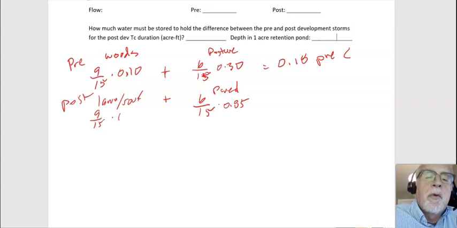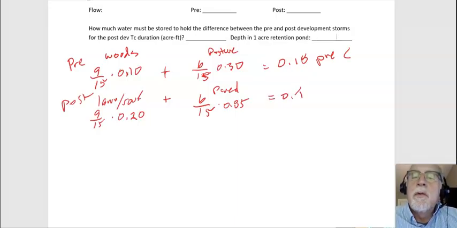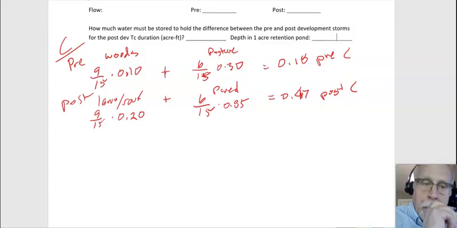Maybe we want to do a little more refinement, since it might depend on how we treat the runoff from the roof gutters, but that composite comes out to a 0.47 post-development C.